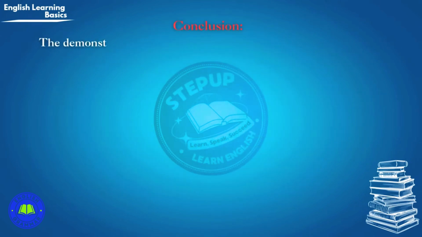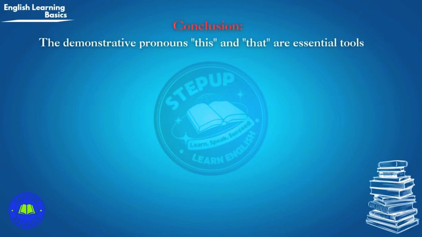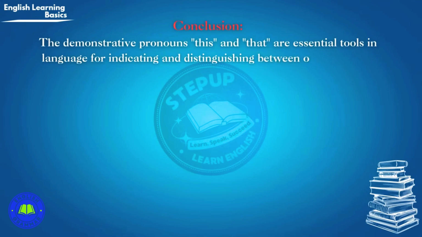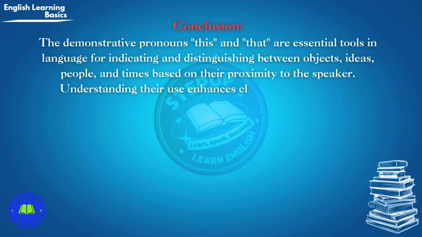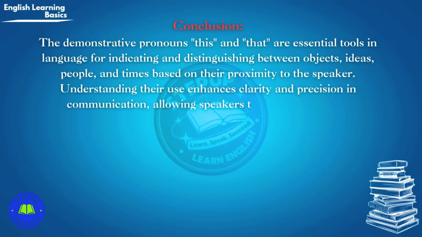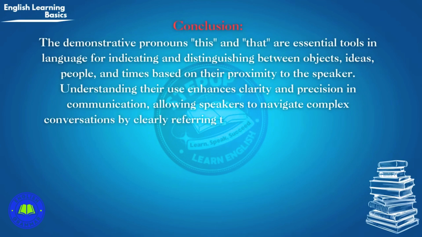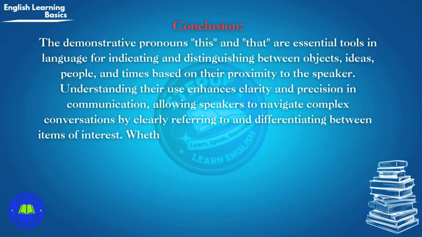Conclusion. The demonstrative pronouns this and that are essential tools in language for indicating and distinguishing between objects, ideas, people, and times based on their proximity to the speaker. Understanding their use enhances clarity and precision in communication, allowing speakers to navigate complex conversations by clearly referring to and differentiating between items of interest.